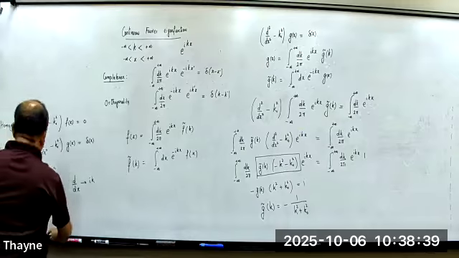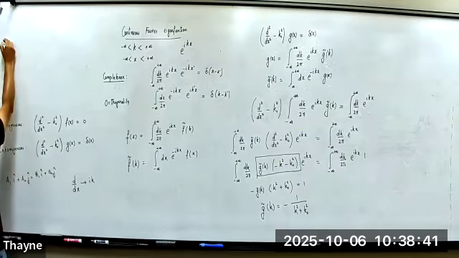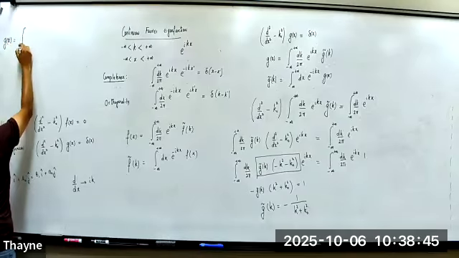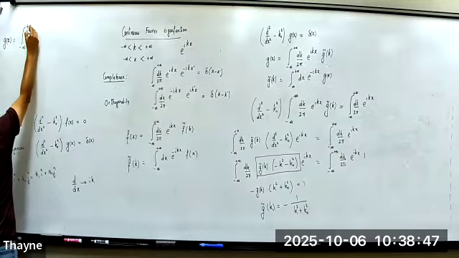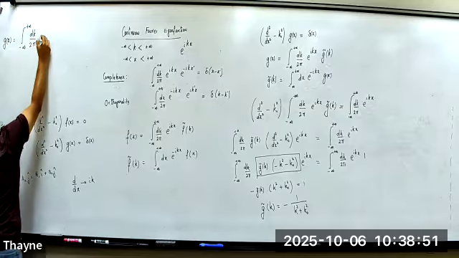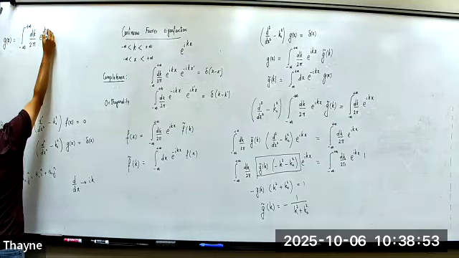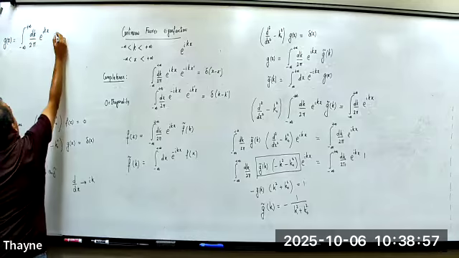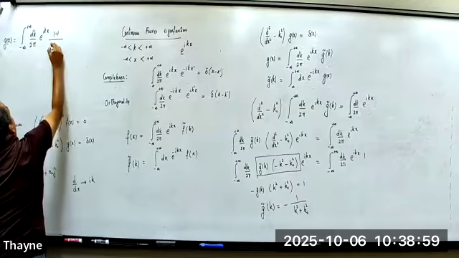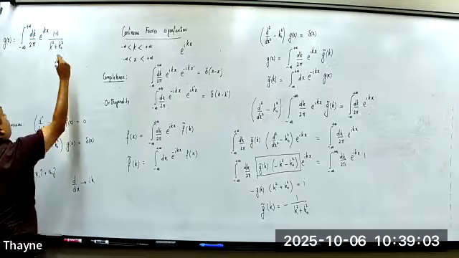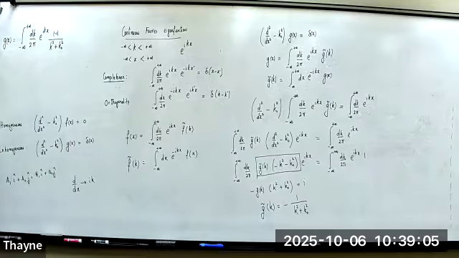So the actual solution will be g of x equal to the integral from minus infinity to plus infinity of dk over 2 pi, e raised to ikx, and g tilde of k is minus of that, so it is minus 1 over k squared plus k naught squared, right?